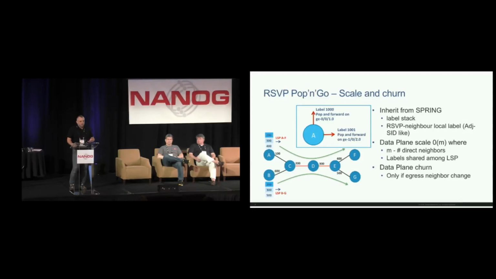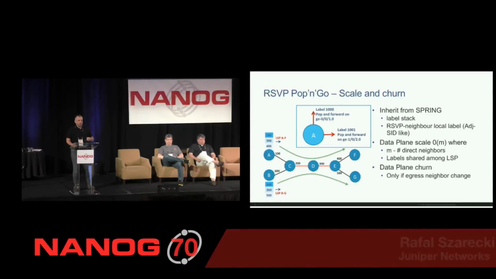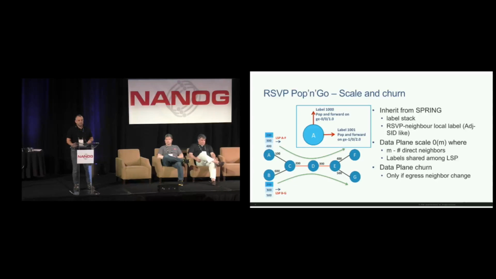We allocate the labels per neighbor or per interface, similar to the adjacency SID. Then in the data plane, scaling is linear, O of M, where M is the number of direct neighbors. It doesn't depend on the scale of the network. And even more, the labels can be shared between LSPs.